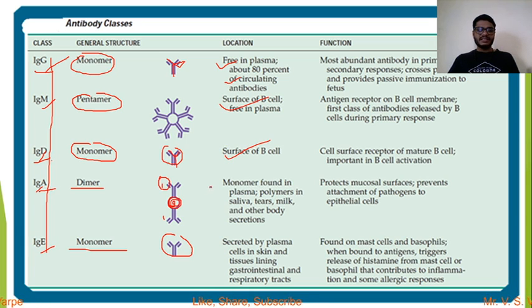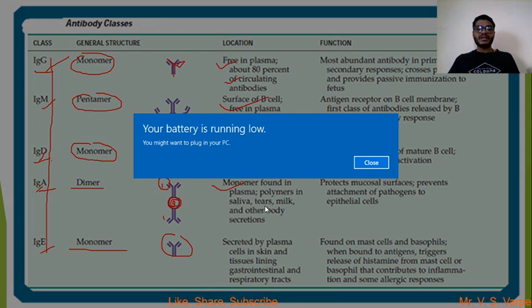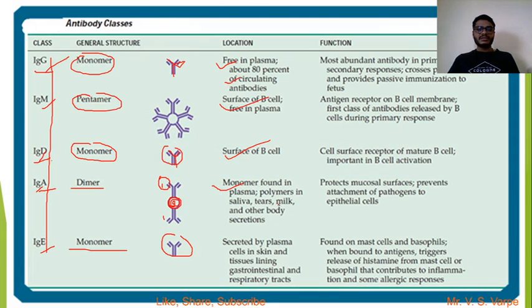Then IgA is found as monomers in plasma, and as polymers in saliva, tears, milk, and other body secretions. And IgE is secreted by plasma cells in the skin and tissue lining the gastrointestinal and respiratory tracts. The function of IgG is as the abundant antibody in primary and secondary response.